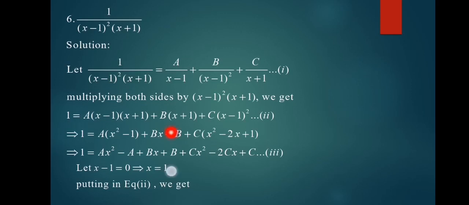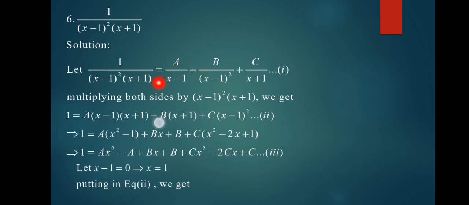We will multiply (x minus 1) and (x plus 1), and we will get x square minus 1, plus bx plus b plus c into (x square minus 2x plus 1). We will multiply a to the terms inside the bracket to get ax square minus a plus bx plus b plus cx square minus 2cx plus c. It's our equation number 3.